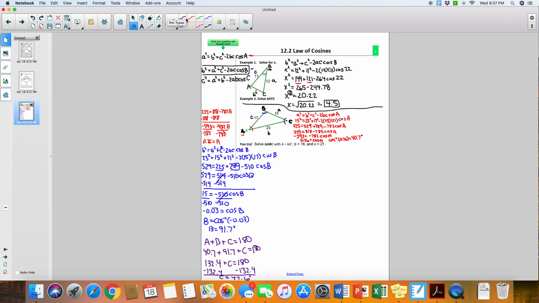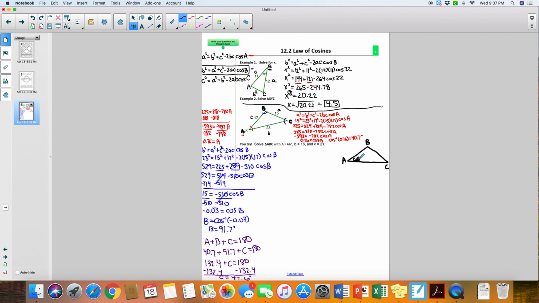Okay, so the very first thing you want to do is draw the picture. They did not provide the picture for you. So I'm going to draw one over here in the corner. I'm going to label it. I can label that as A, I can label that as B, and I can label this one here as C. So it tells me angle A is 66 degrees.